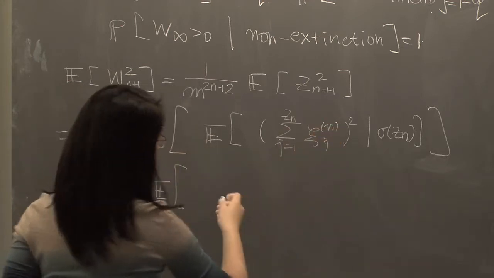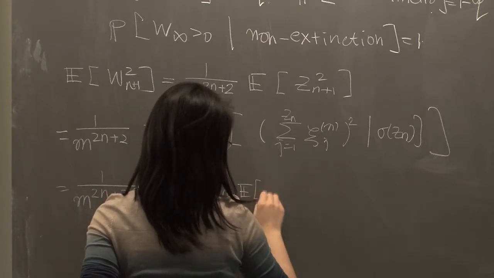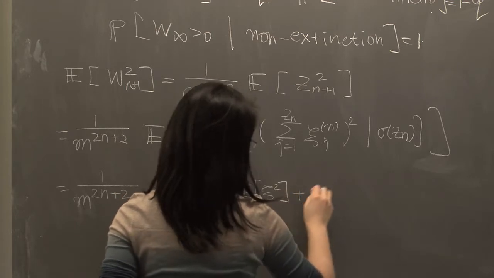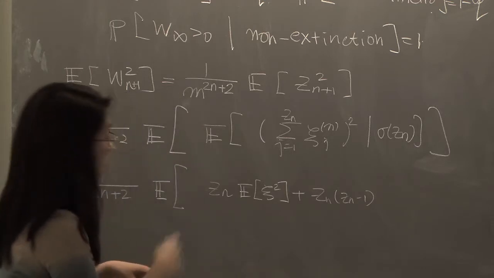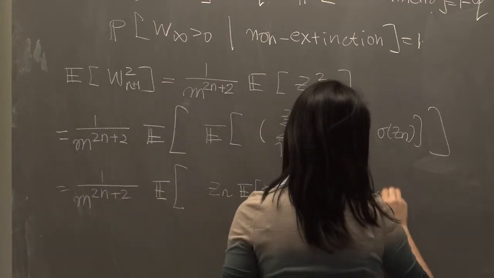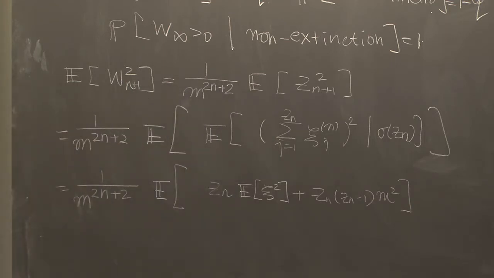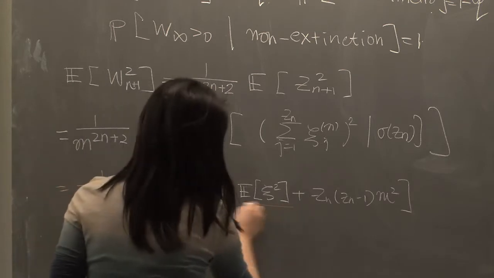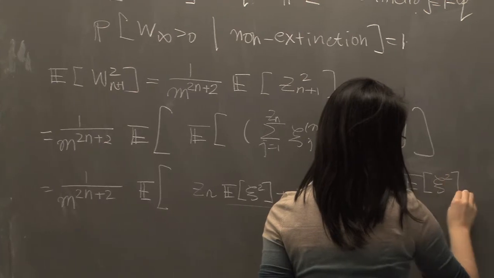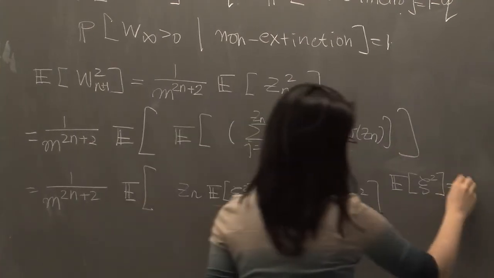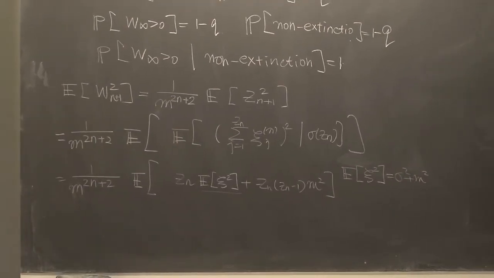There are Zn diagonal terms, and Zn times Zn minus 1 terms outside the diagonal. For the terms outside the diagonal, the expectation is m squared. And here, this second moment we denote by sigma squared plus m squared, where sigma squared is just the variance of this random variable.